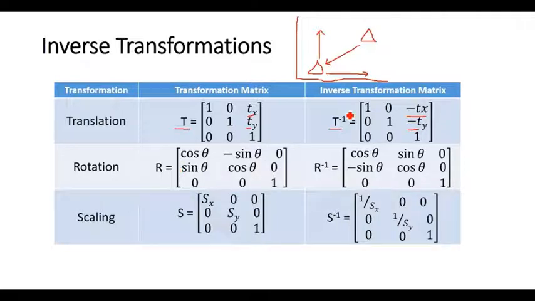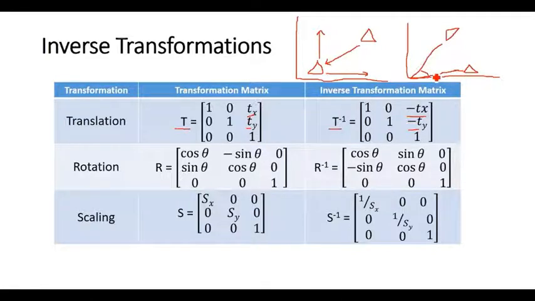Similarly, rotation. If I have an object over here and I rotate it, say by 30 degrees, I would get my object something like this. With respect to the origin, this would be some 30 degrees.